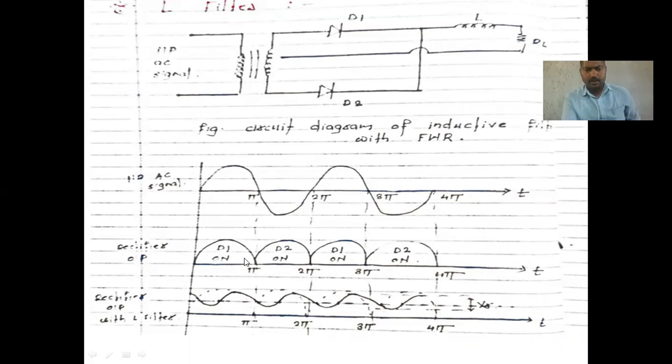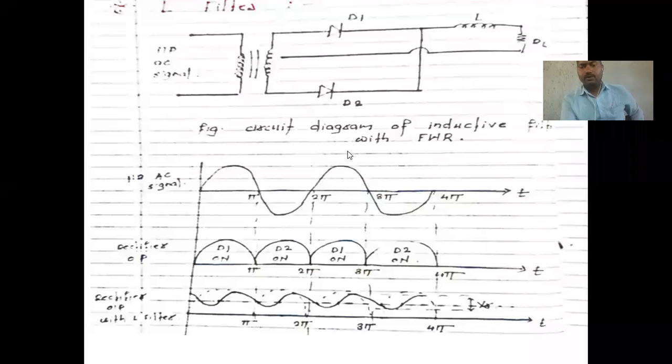But due to the use of only the inductor, the ripple is not reduced, it is increased. So when the inductor and capacitor, these two components, are mixed with each other and used together, it gives a lesser amount of ripple.